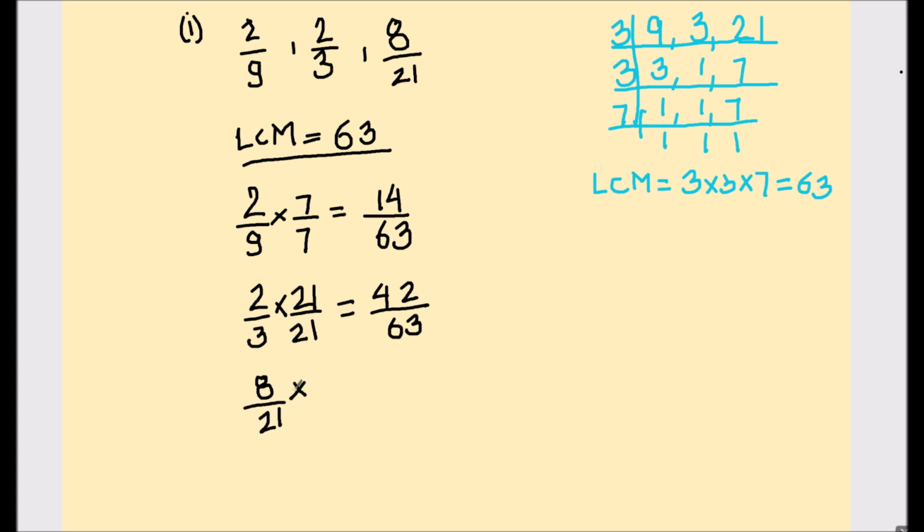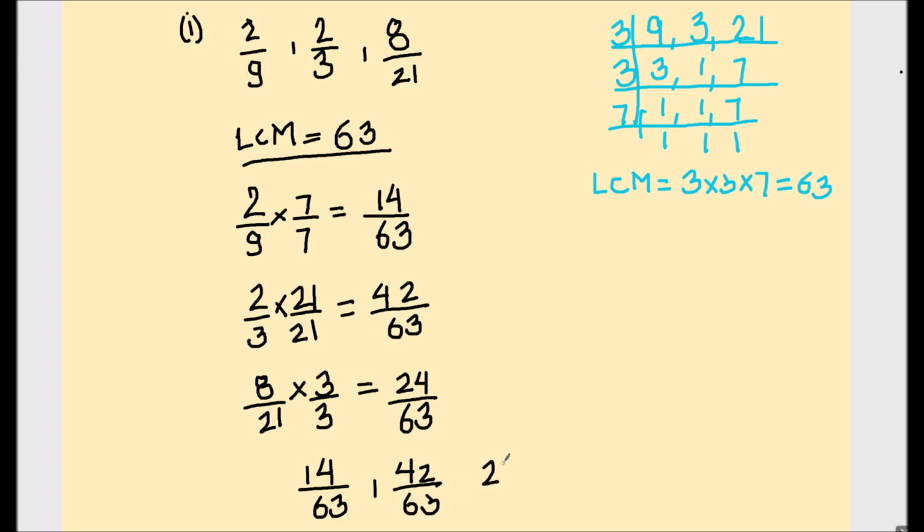To convert 21 to 63, we have to multiply 21 by 3. So multiplying the third fraction by 3, 3 times 8 is 24 and 3 times 21 is 63. Now we have all the three fractions with the same denominator. Our fractions are 14 by 63, 42 by 63 and 24 by 63.